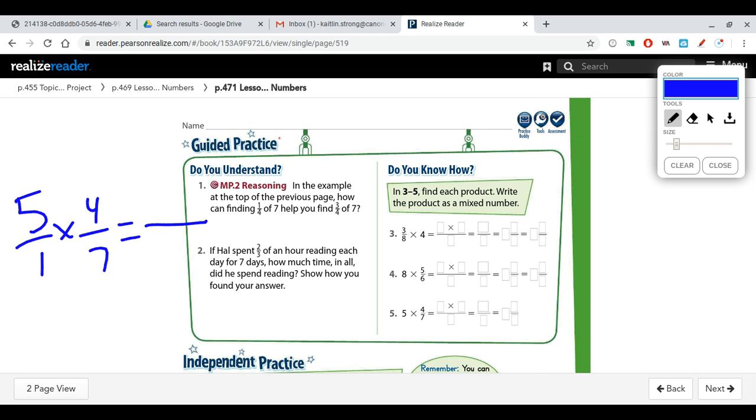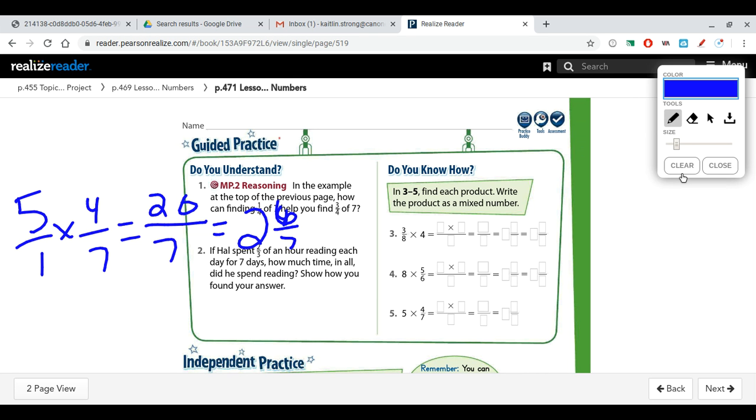So it's just going to be 5 times 4, which is 20. 1 times 7, which is going to be 7. 7 goes into 20 twice with 6 sevenths left over. 7 goes into 20 twice. That's 14. 20 subtract 14, I have 6 left over. So my answer here is going to be 2 and 6 sevenths.